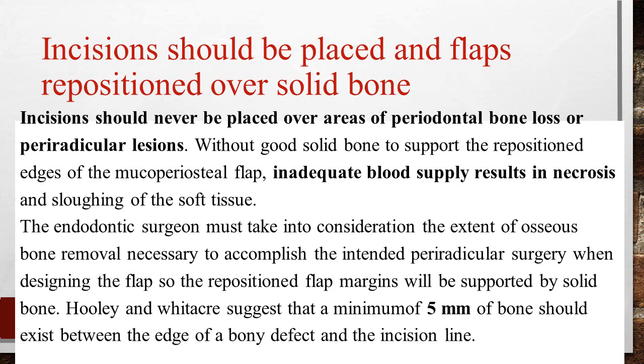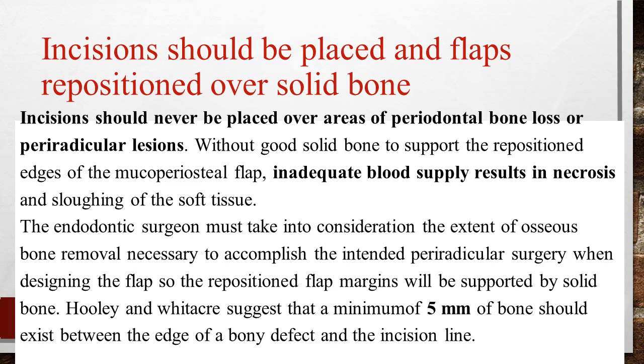Two scientists, Hooley and Whitaker, suggested a minimum of 5 mm of healthy bone should exist between the edge of a bony defect and the incision line. So that is the extent of your surgical site which you should consider. Let us assume that you have a periapical lesion on the lateral incisor.